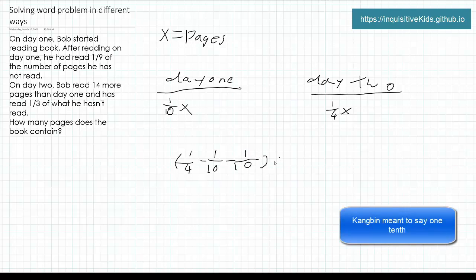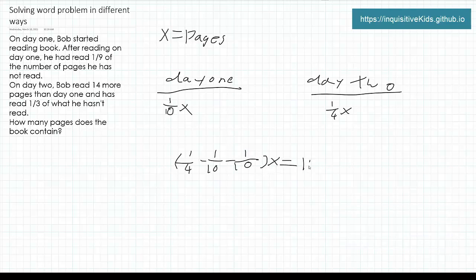And that would equal 14, and x is the number of pages in the whole book. Simplify the parentheses. It's 1/20 x equals 14. Then you can times 20 on both sides and get x equals 280.